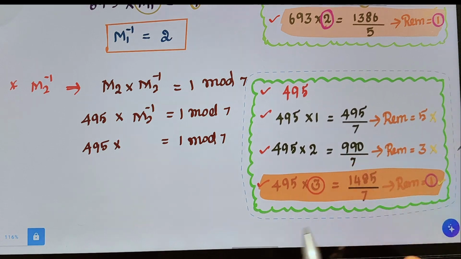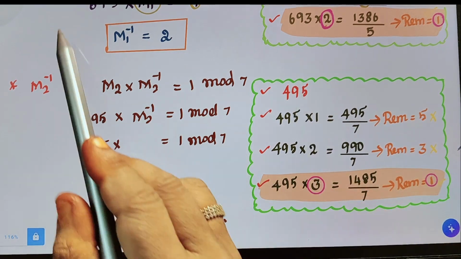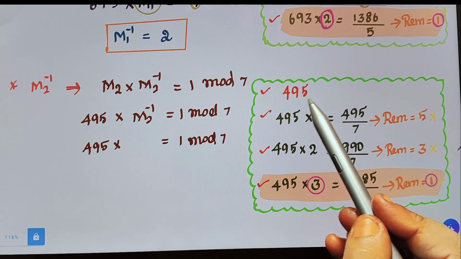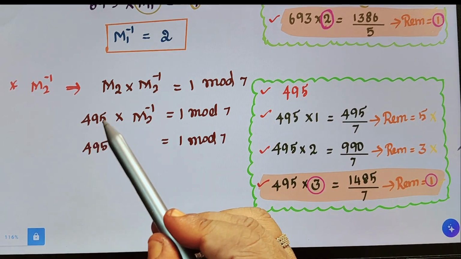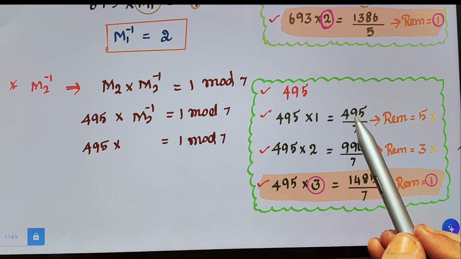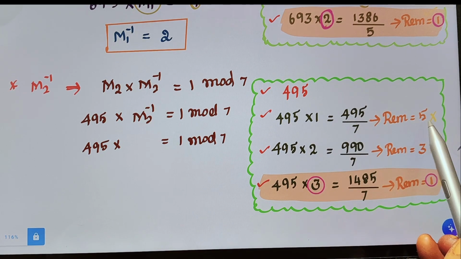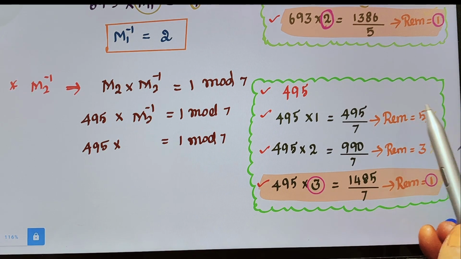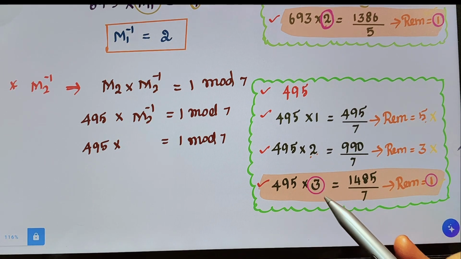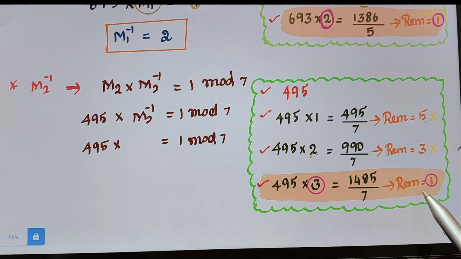Refer this calculation. See here, the same 495, right? This is for M2, so M2 value is 495. First step, 495 into 1 equal to 495 divided by 7. The remainder value is 5, so this is not yet correct. Then multiply by number 2. Likewise, you have to multiply until we receive the number whose remainder value is 1.